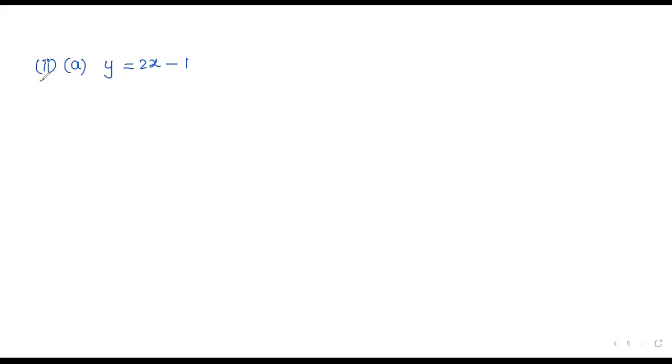You write the x values which they have given. What are the x values? Negative 2 to positive 1. Negative 2, like this. So then you write the 2x value. So then negative 4.